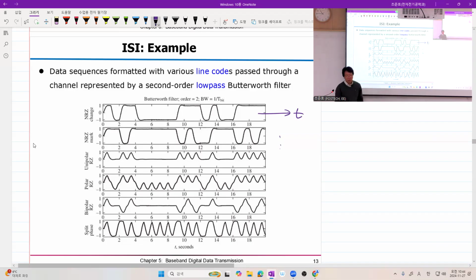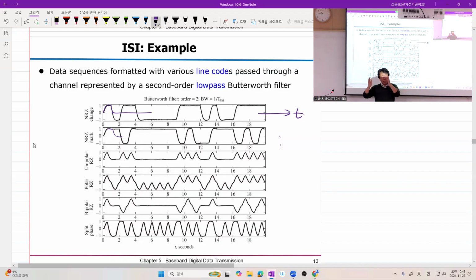Now let me ask you, how can we reduce the error? Because error may be due to the distortion. Of course, if you transmit a single pulse, probably you will have something like this, right? So the distortion here will be due to the previous or next symbol.